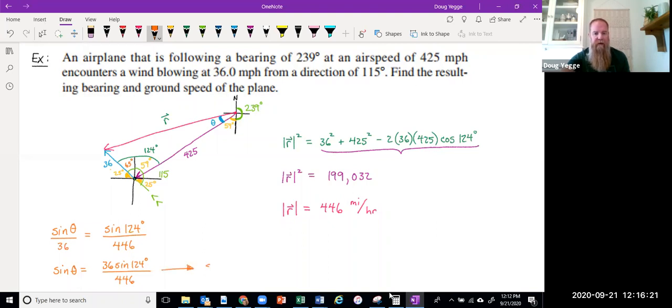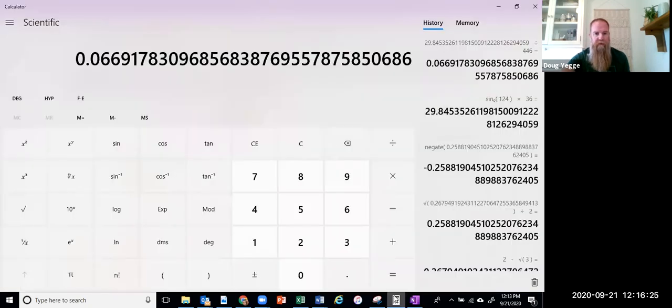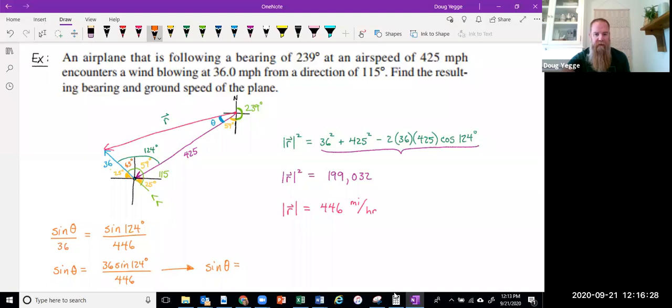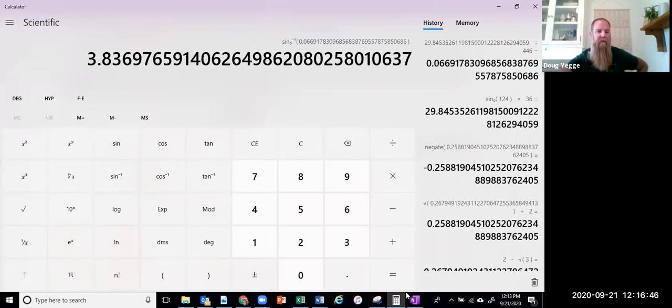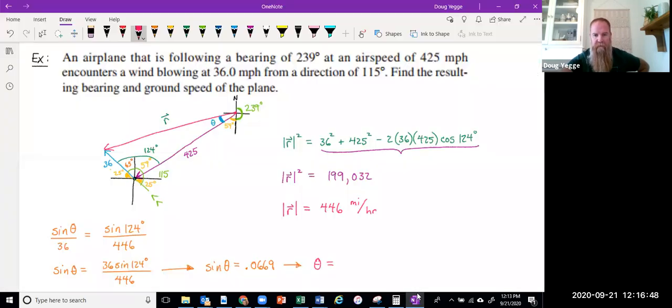This implies that sine of the angle is equal to 0.0669. Which means we still have to take the inverse of that in order to find what the angle is. So if I take sine inverse, it is 3.84 degrees. So we see that the angle is approximately 3.84 degrees.